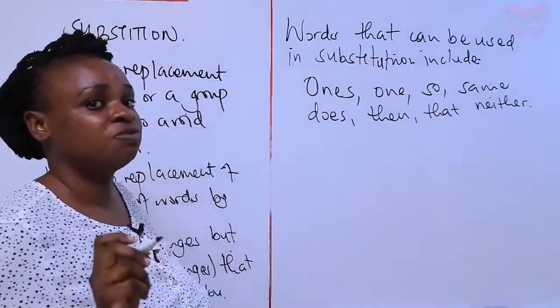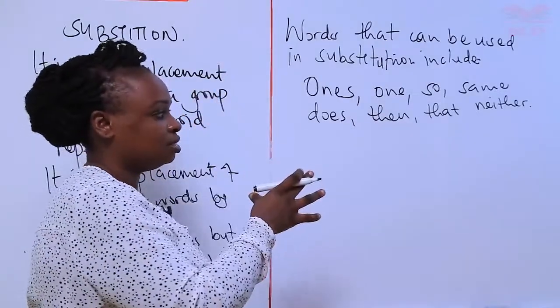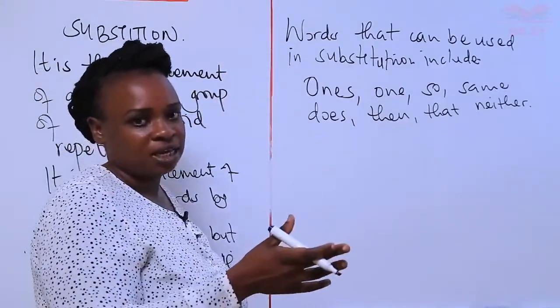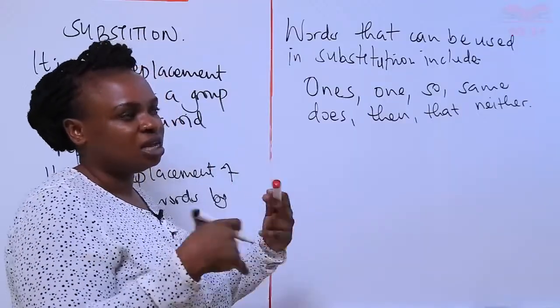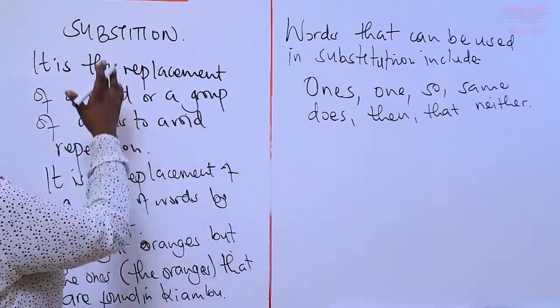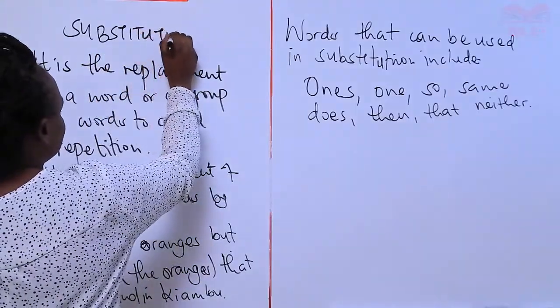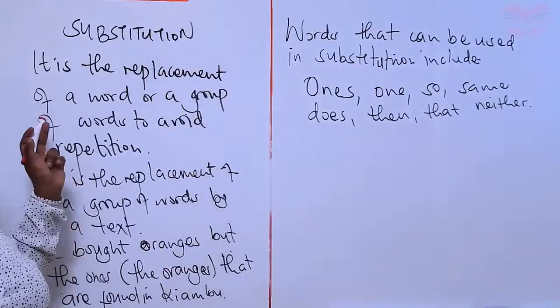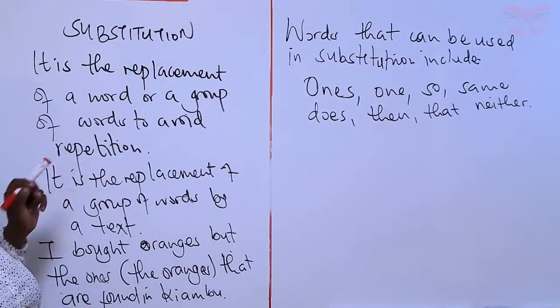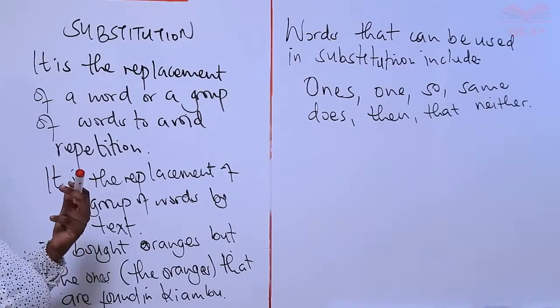Before I get to types of substitution, because now they are used to replace words, but in different ways, okay? So we just say that substitution is where we replace a word or a group of words to avoid repetition, and there are different ways in which you can do substitution.